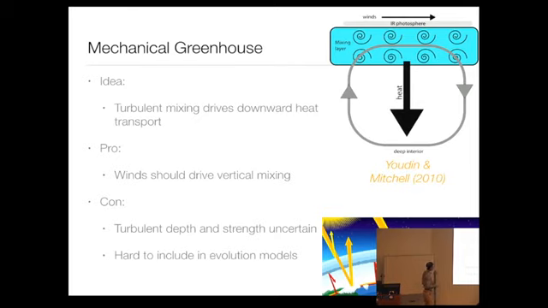The problem with this idea is similar to the problem with the winds, because it's an extra effect that goes along with the winds blowing on the atmosphere, and we're just uncertain about how deep these winds blow and where they dissipate.